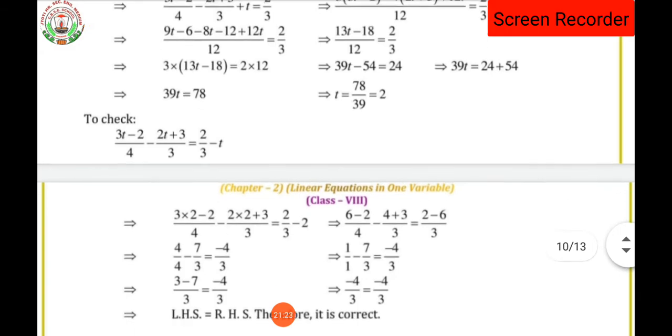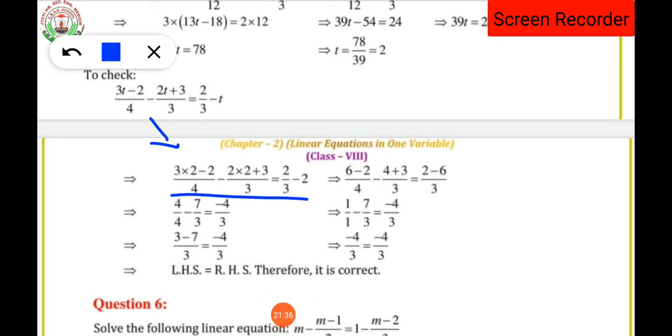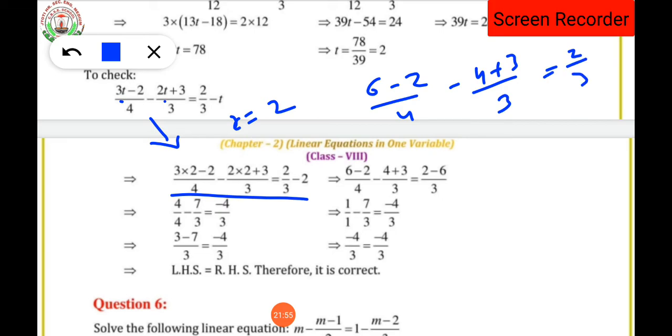Now substituting the value of t equal to 2, we will get the required answer. So substituting the values, 3 into 2 we will get 6 minus 2 upon 4 minus, here substituting the value of t, 2 into 2 will be 4, 4 plus 3 upon 3 is equal to 2 upon 3 minus 2.